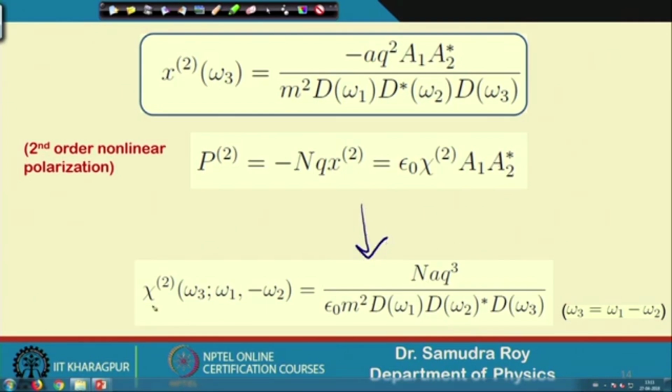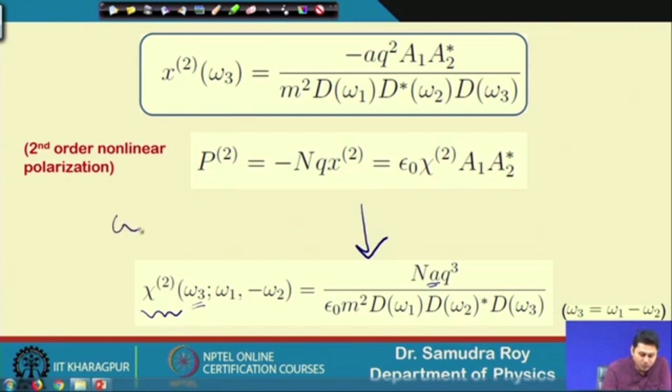So, chi 2 is a second order susceptibility, please mind it, that is arising because of this anharmonic term related to A. If I put A equal to 0, this term will vanish, so there will not be any chi 2. Now, I try to find out the frequency component of chi 2, which is omega 3. How is this frequency component generated?